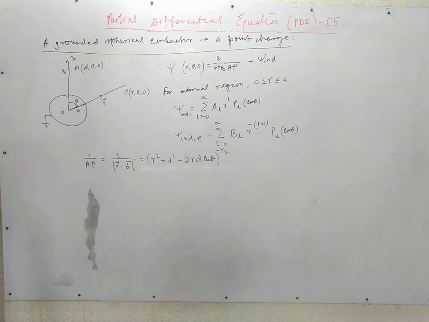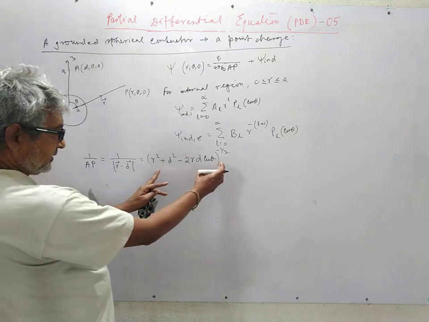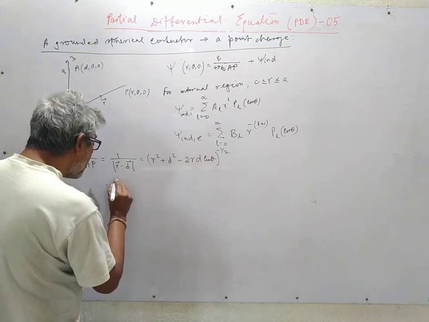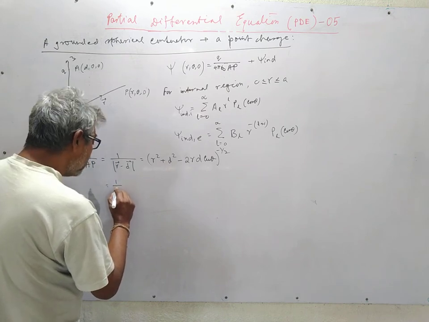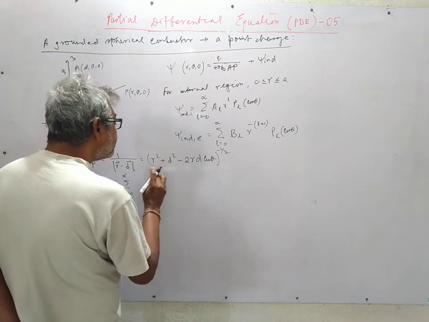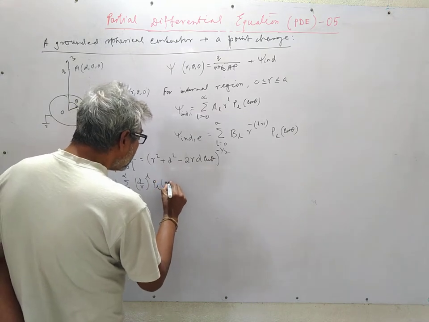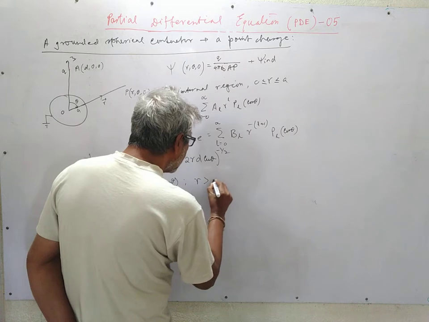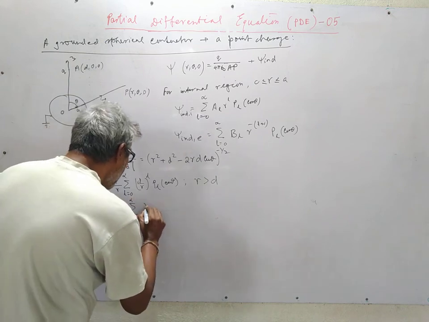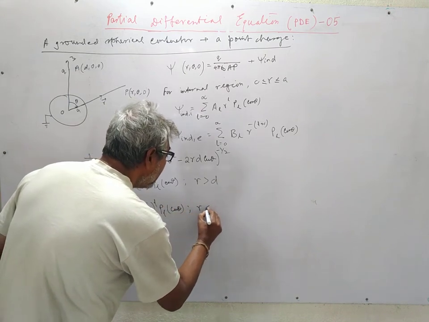Now there are three regions of interest. Let me recall that this is nothing but the generating function of Legendre polynomials, and this can be written as 1 upon r summation over L equal to 0 to infinity of (d by r) to the power L P_L cos theta for r greater than d, and as 1 upon d summation over L equal to 0 to infinity of (r upon d) to the power L P_L cos theta for r less than d.